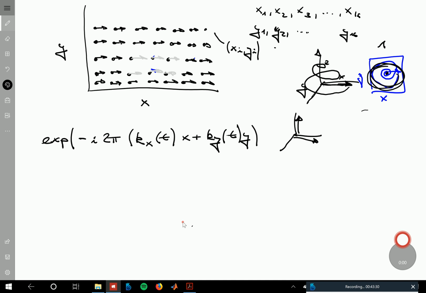So ky was 0 all the time, kx was also 0, but now kx t is not 0 anymore. So now the frequency of rotation of these arrows depends on space, because here we have this x, and this is now multiplied with a positive number, namely this kxt.